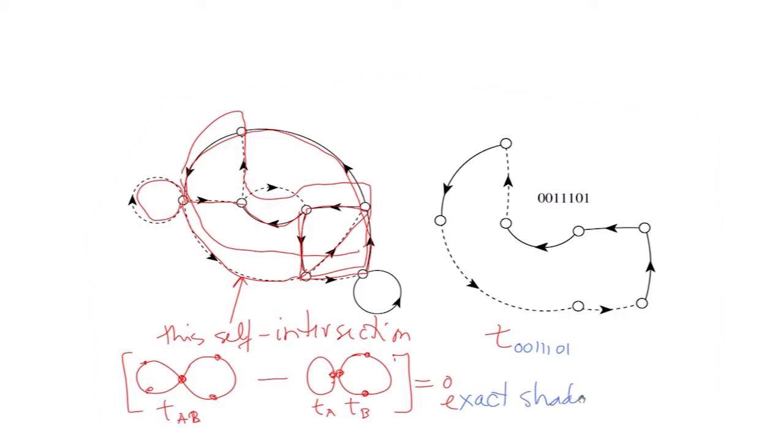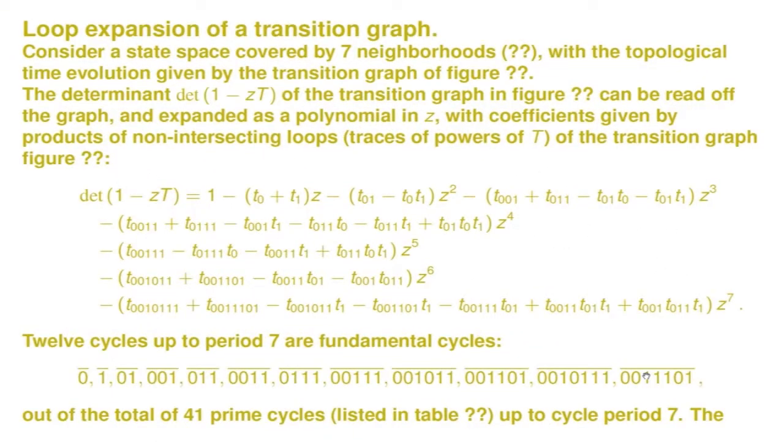So this process of finding self-intersecting cycles always stops at some point. And now we have a complete expression for the determinant as a loop expansion. I apologize for the messy, busy graph, but what we have found out is that there are 12 cycles.